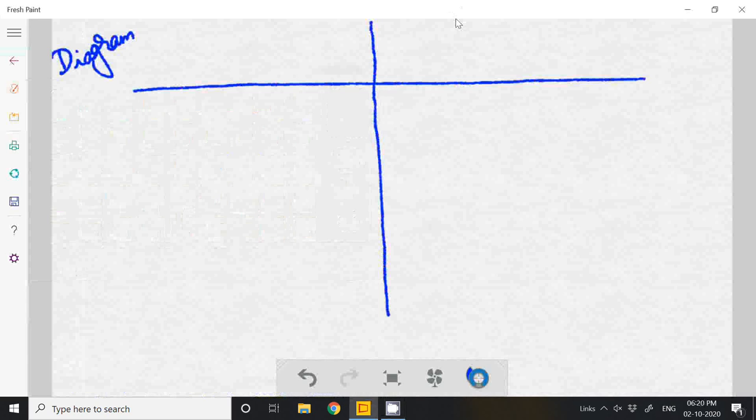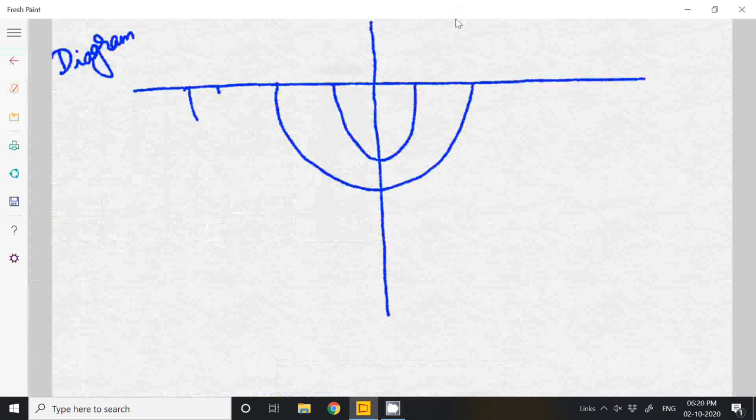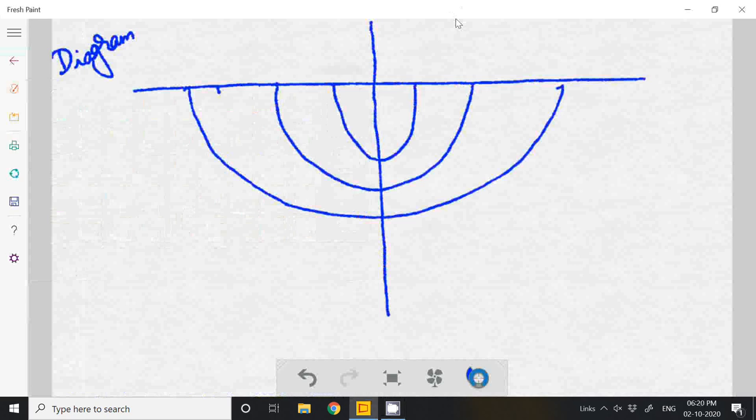So now the flow lines are given to us like this. Suppose one, then two, then three.